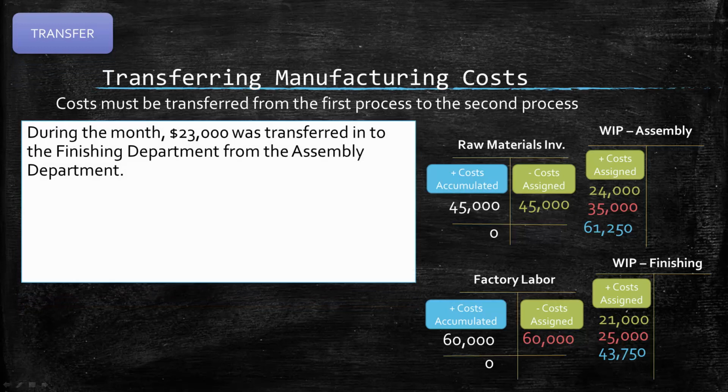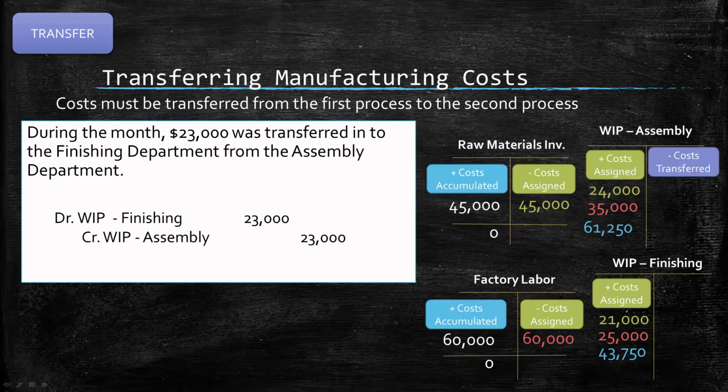So let's look at a journal entry. During the month, $23,000 was transferred into the finishing department from the assembly department. And so we have to do the same thing. We have to move them out of my work in process assembly department with a credit and move them into our work in process finishing department with a debit. And so our costs will move out of our first department and be added in to our second department, which is finishing.